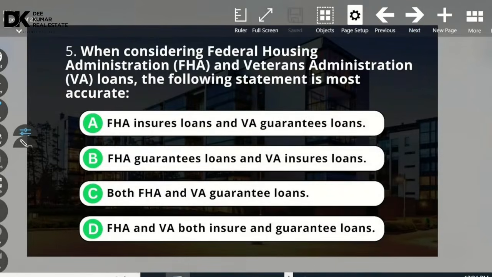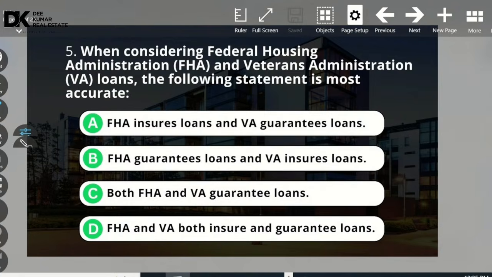All right, and then the final question. When considering Federal Housing Administration, FHA, and Veterans Administration, VA loans, the following statement is most accurate. Letter A, FHA insures loans and VA guarantees loans. Letter B, FHA guarantees loans and the VA insures loans.